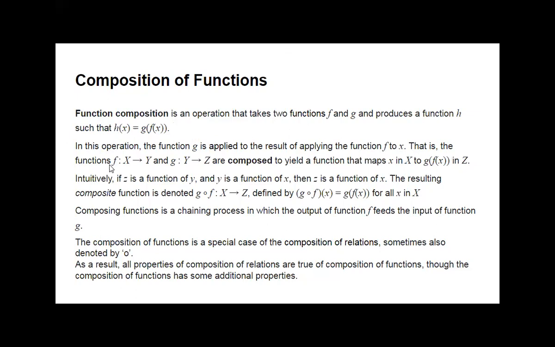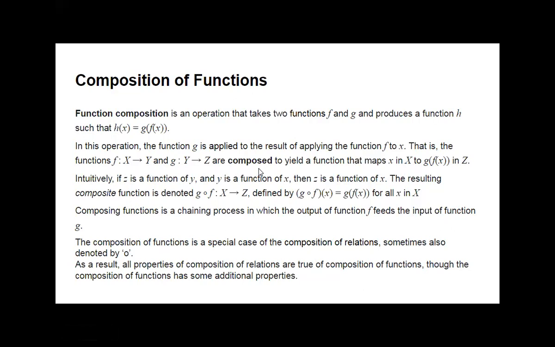That is, the functions f from x to y and g from y to z are composed to yield a function that maps x to g of f of x in z. Okay, three sets will be there, x, y and z.